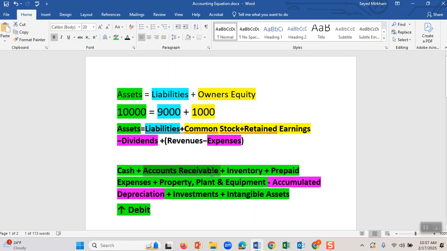That's an asset for her company, because if one day she decides to sell the entire company, imagine this cash is in the account of her business. She doesn't touch that. She can sell that as one package to another buyer. That buyer will take over this cash, which is $200, and will take over this account receivable.